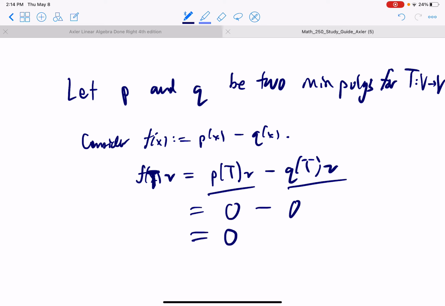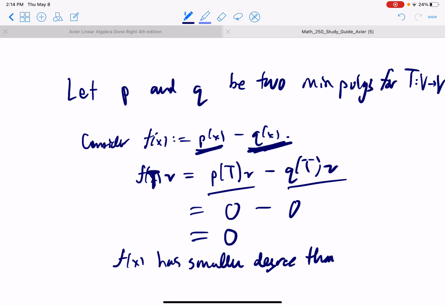In other words, f of x and f of t satisfy the conditions to be a min poly too, except because they're subtracted off and these two had the same highest degree coefficient, the highest degree term vanished. And so f of x has smaller degree than p and q, which is a contradiction.